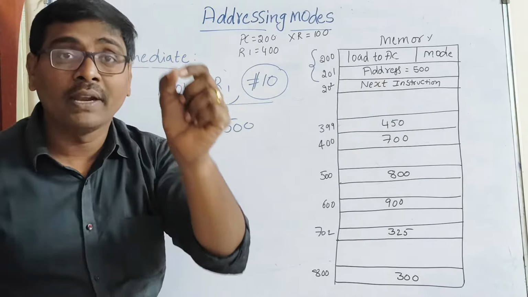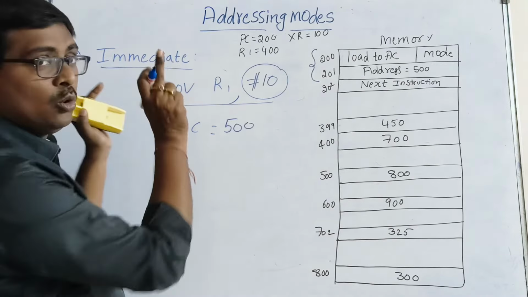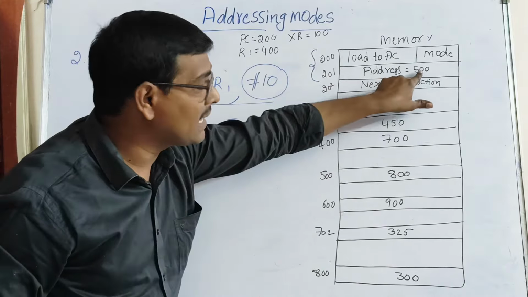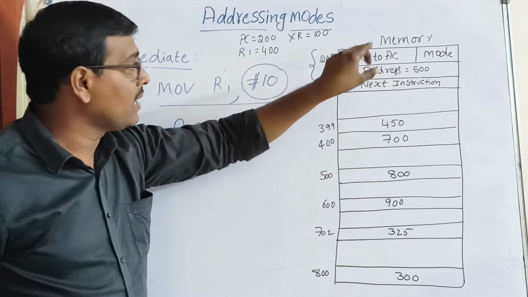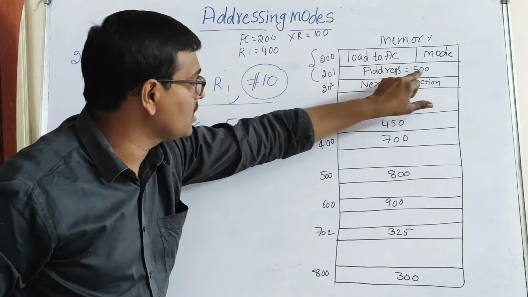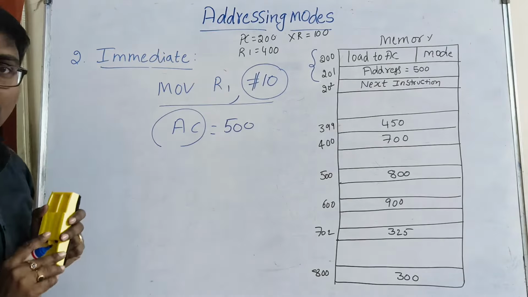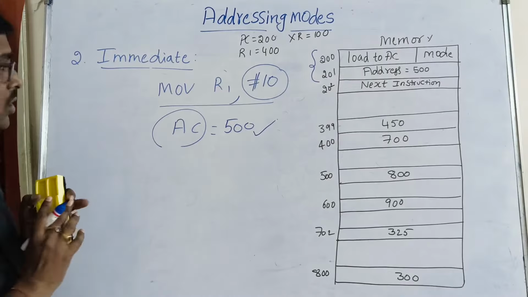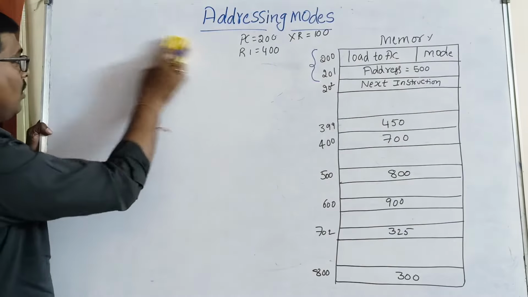Even though 500 is an address, according to immediate addressing mode, whatever you have written in the instruction is taken as an operand. The instruction has 500, so 500 is an operand that is loaded into the accumulator. Clear? Remember 500. Right? Now, move to the third addressing mode.